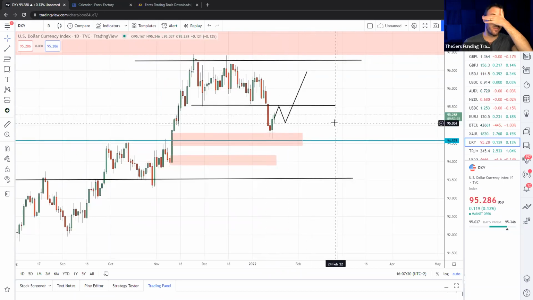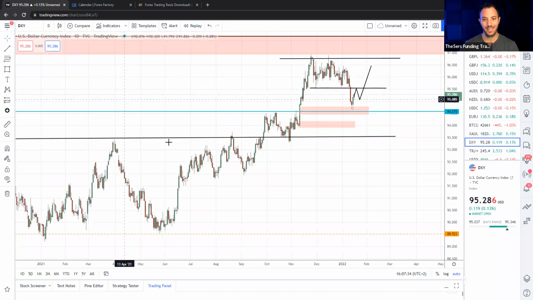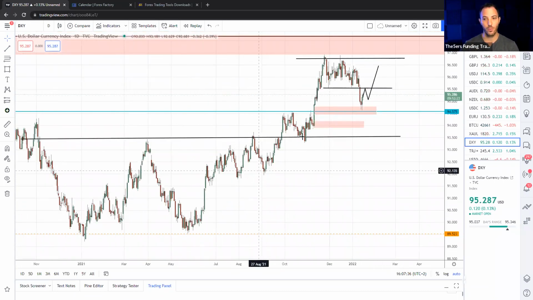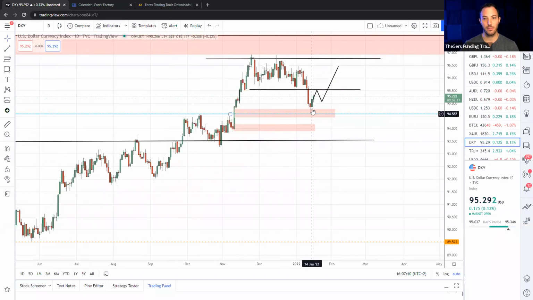Because we have a lot of fundamentals going on. I mean, the trend is still up, correct? We haven't broken that trend, but this break lower might be the first attempt to reverse the trend.